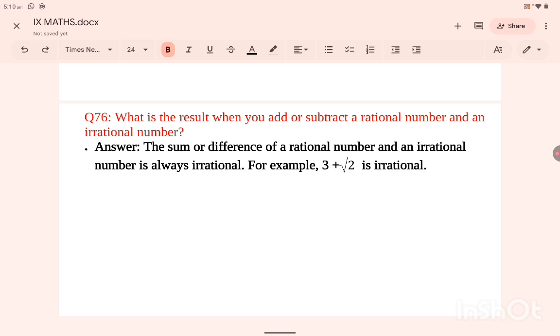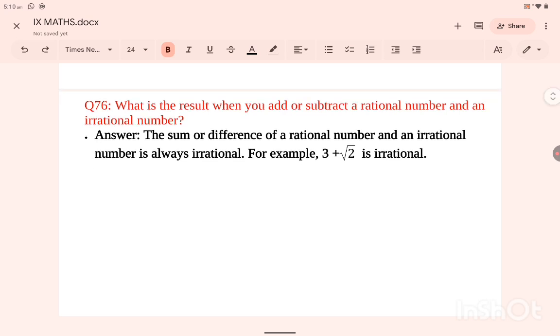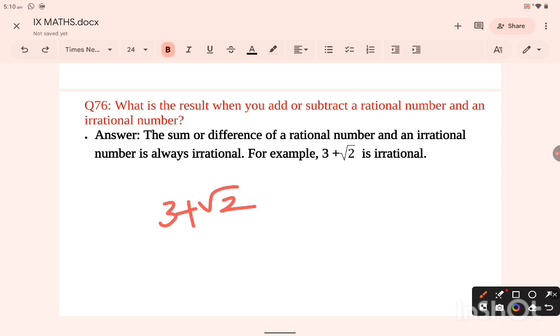76. What is the result when you add or subtract a rational number and an irrational number? Suppose root 2 is irrational. When we add a rational number 3, that can be written as 3 plus root 2. Here root 2 is irrational, which implies 3 plus root 2 is also irrational.